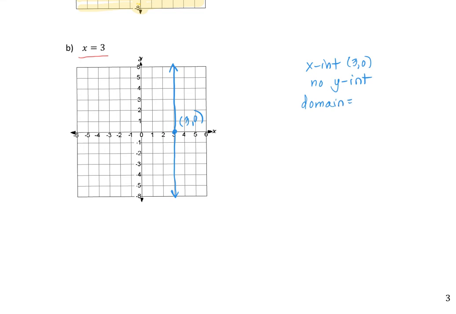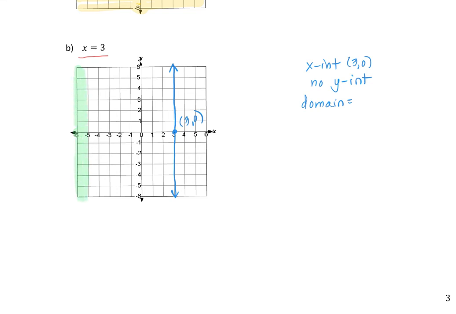Remember, the domain is all the x values. When I look at my graph and I'm determining my x values, I go to the graph and I see if for that x value, and again I'm working from left to right, corresponds to a point on the graph, but it doesn't.